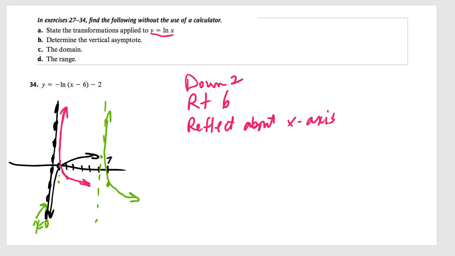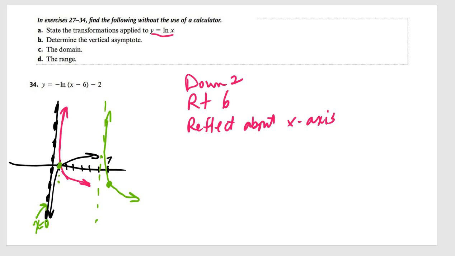You can see I made a mirror image across the x-axis. That's the pink line. And then I moved it right 6 and down 2. I always grab this handle right here at (1, 0). If I move it right 6, that's going to make it 7, and if I move it down, it's going to be (7, -2). That's what I graphed down here, and then I sketched it in.